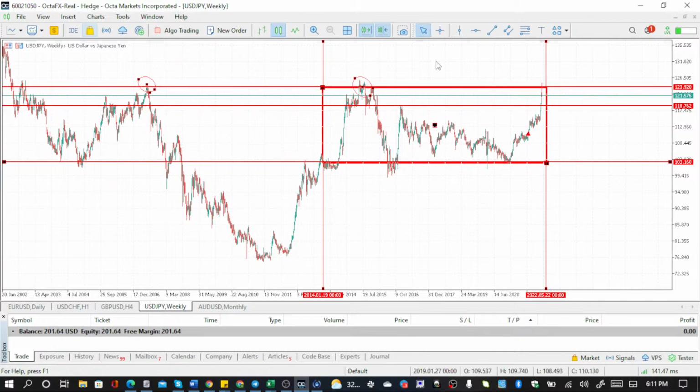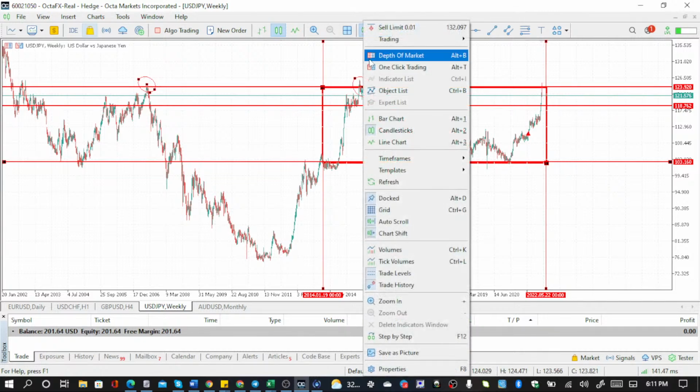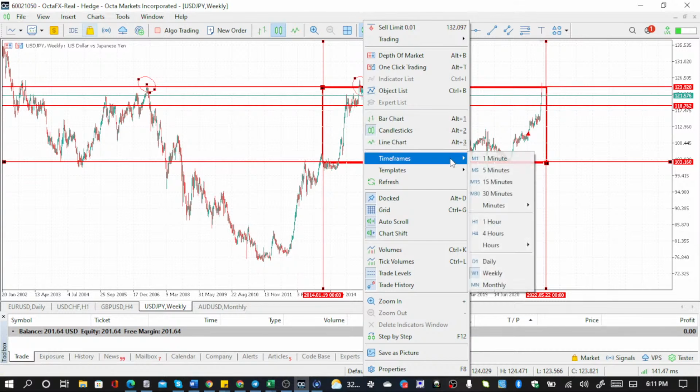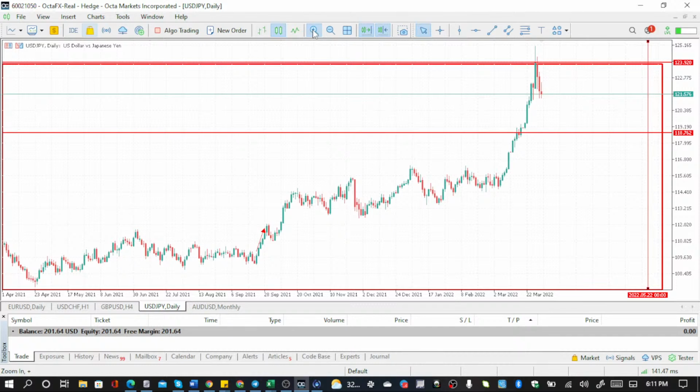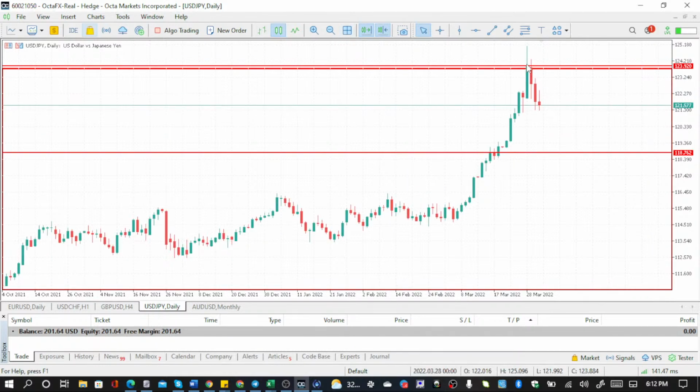Now let's go back to our daily time frame. It's telling us that for the past 3 days the market has been bearish. That's the information we've been getting. Then they are looking at the price coming to touch the next support level.